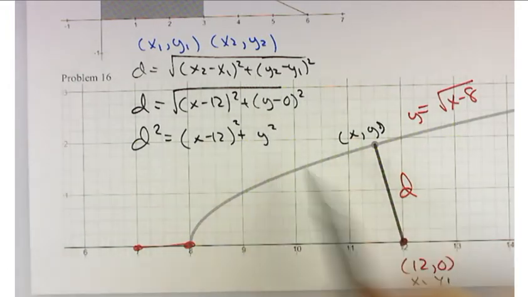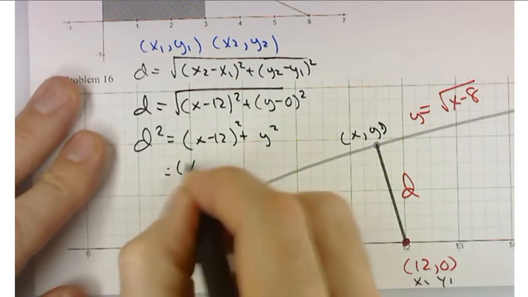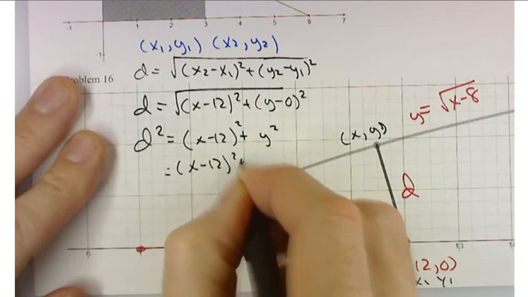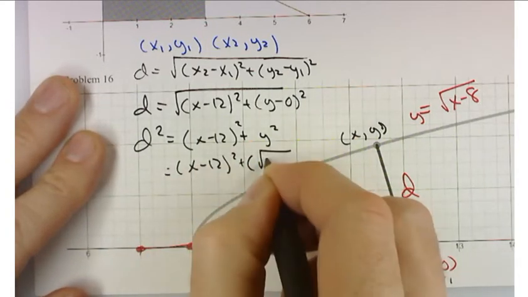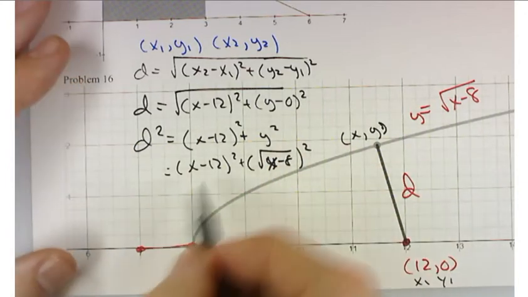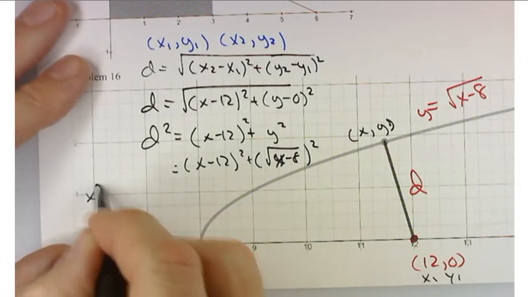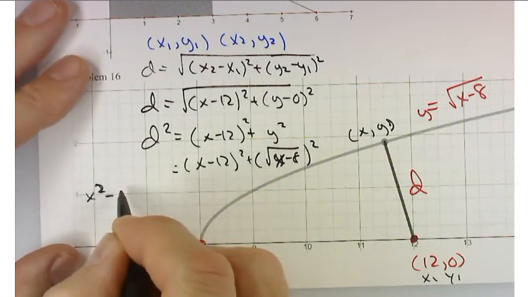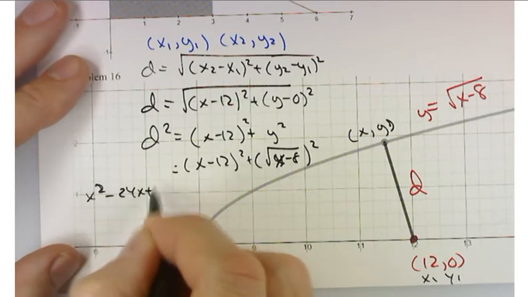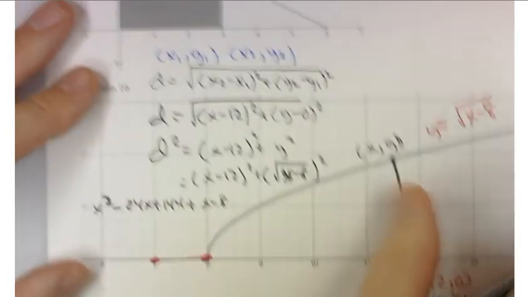We have y, right? y equals the square root of x minus 8. So this is (x minus 12) squared plus (square root of x minus 8) squared. If I square this all out, I'll get x squared minus 24x plus 144 plus x minus 8.